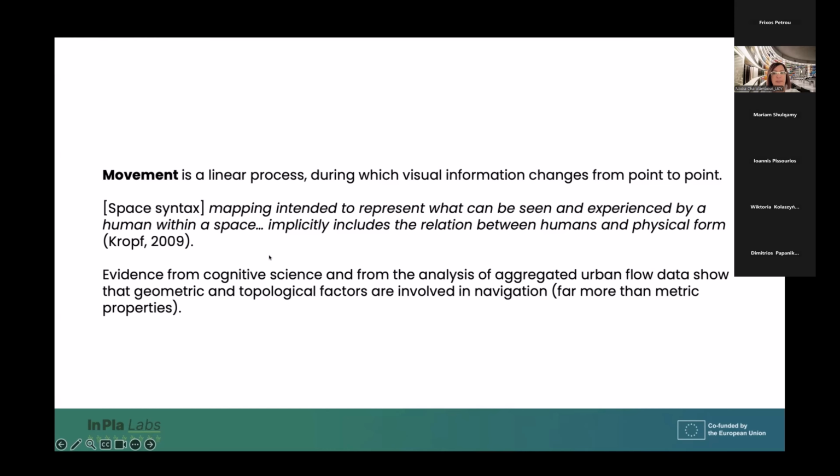Space syntax modeling, the tools that you will see later on, already embed this relationship between human experience of space and the physical form. So the tools that will be described to you later on and analyze spatial relationships already embed the human experience through vision, the way we see things. So configuration, as determined by geometrical and topological parameters, affects our notion of distance.